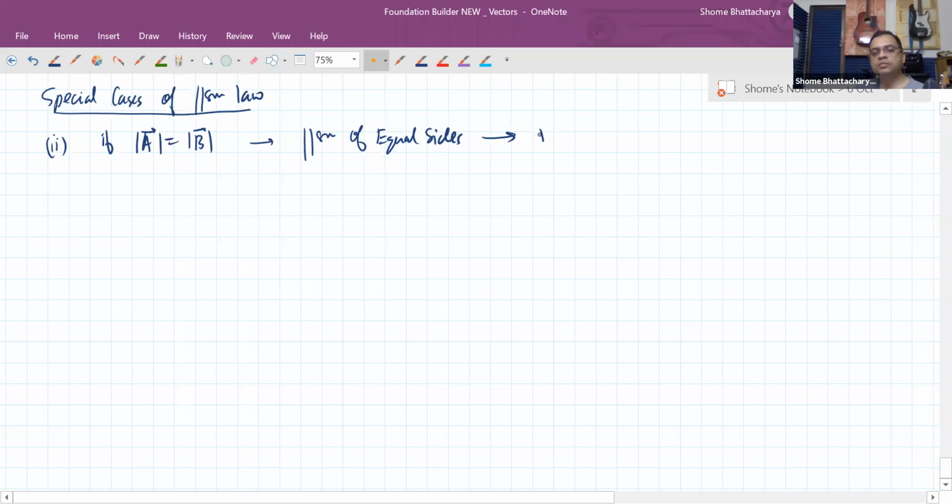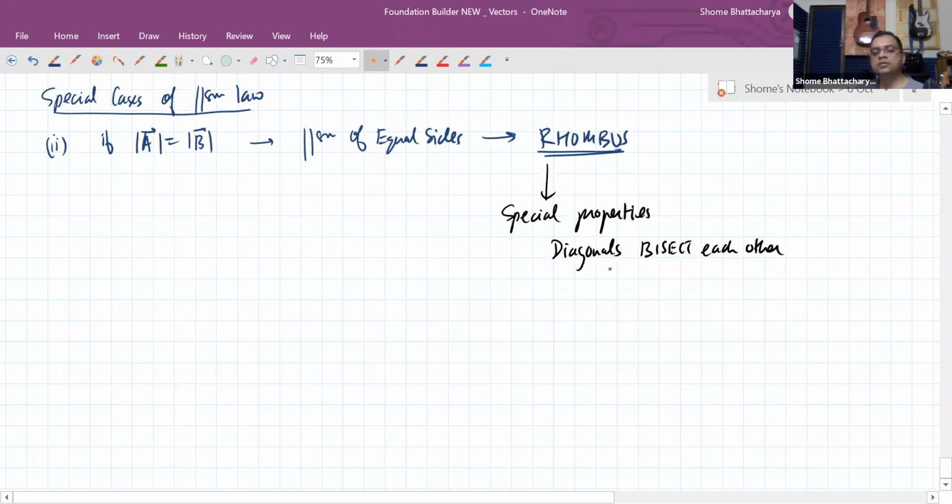That is nothing but, by definition, a rhombus. Now this one is a very, very useful one. So a rhombus has special properties. The special properties of a rhombus are that the diagonals bisect each other perpendicularly. Okay, that is one important thing.